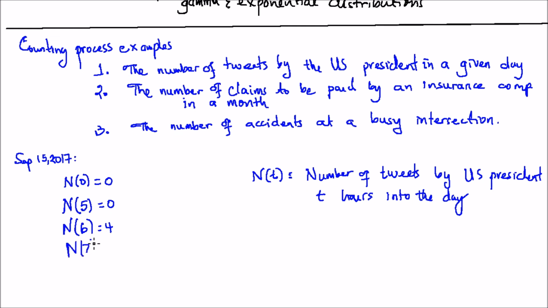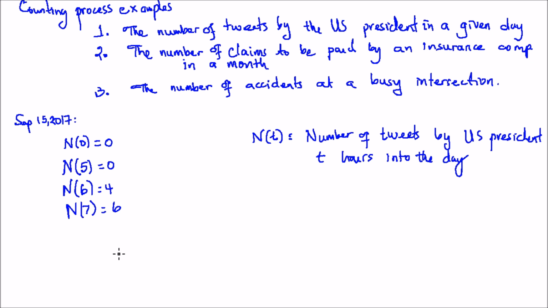That would be 7 a.m., 7 hours into the day. Now there are 6 tweets. So you see what's happening here. You can consider N(t) as a random variable, and the process of counting is what we call a counting process.